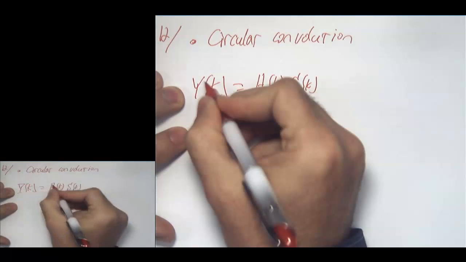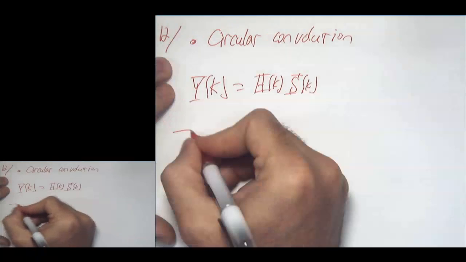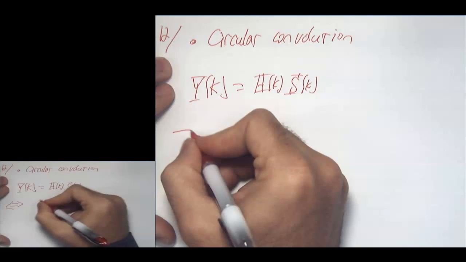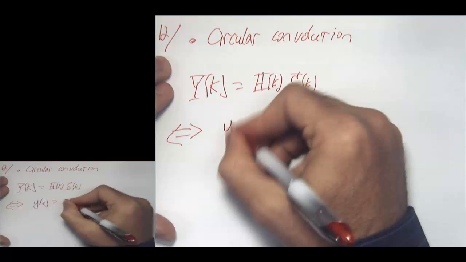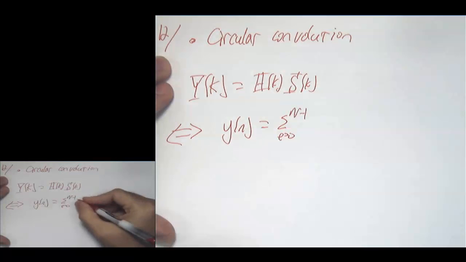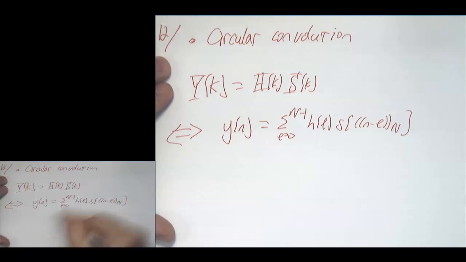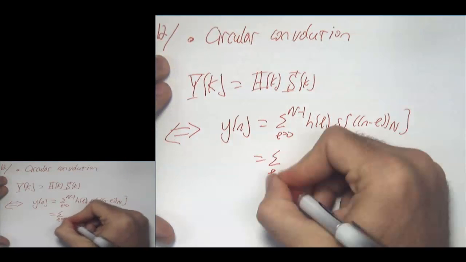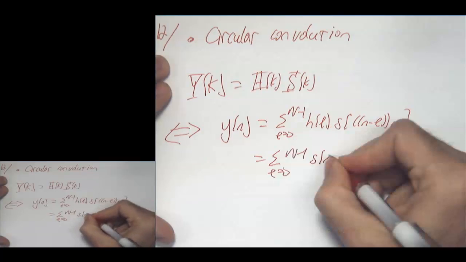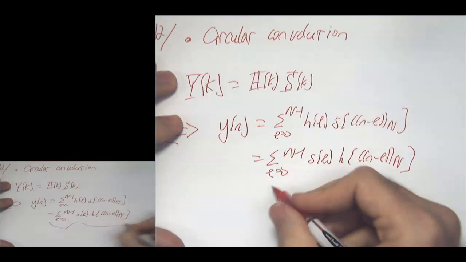It turns out that in the time domain, this is equivalent to y of n equals the sum from L equals 0 to N minus 1 of h of L, s of n minus L, modulo N. This is also equal to the sum over L of s of L, h of n minus L modulo N. So this is called circular convolution.